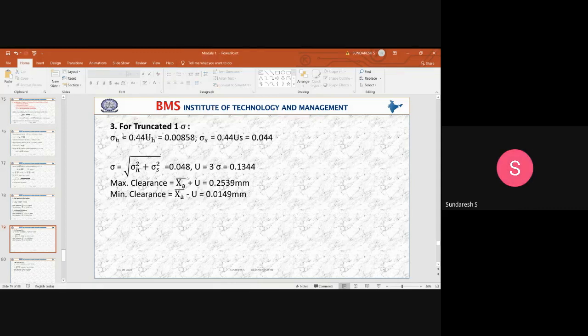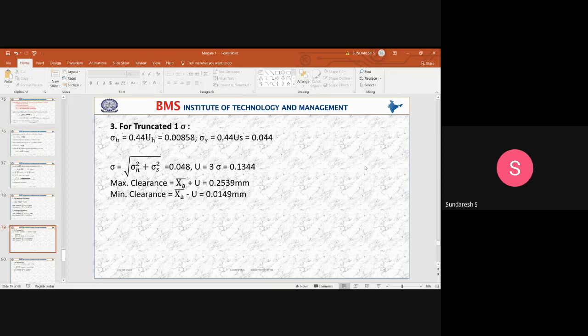Now once you get US and UH, again you have to calculate sigma H and sigma S, and then calculate sigma again. And once you get sigma, U is equal to 3 times sigma again. The procedure will remain the same. Only thing is for truncation, you might get different values for sigma H and sigma S. That you have to calculate.